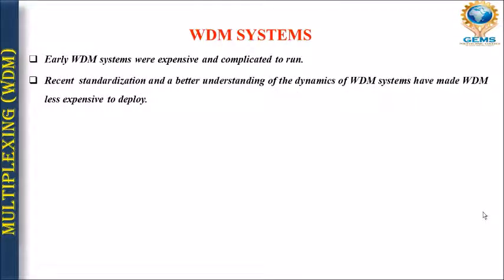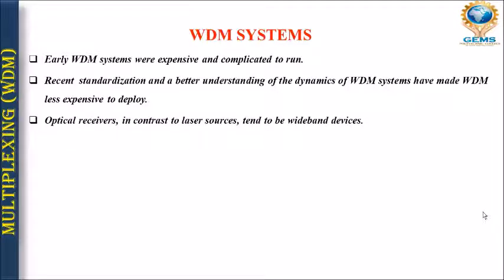Recent standardization and a better understanding of the dynamics of the WDM system have made WDM less expensive. See, earlier WDM systems were expensive and complicated, but as they have gradually improved, the systems that we are using in WDM right now are quite cheaper compared to the previous ones, and less complicated.